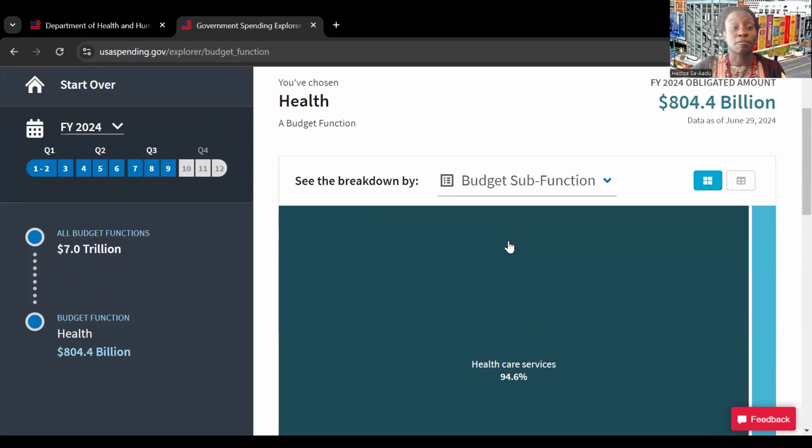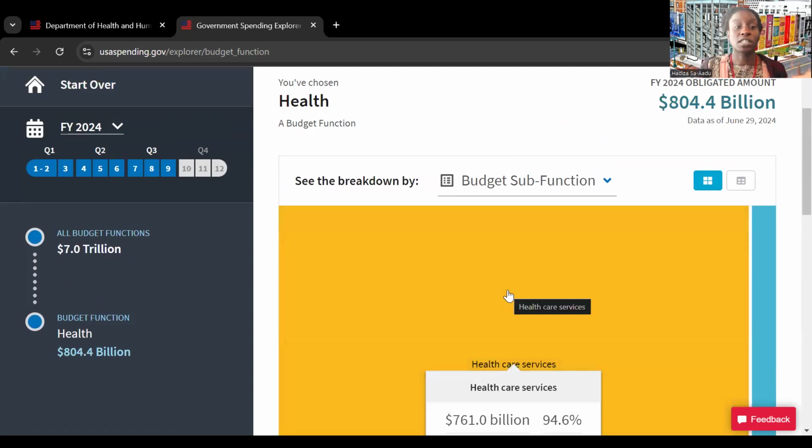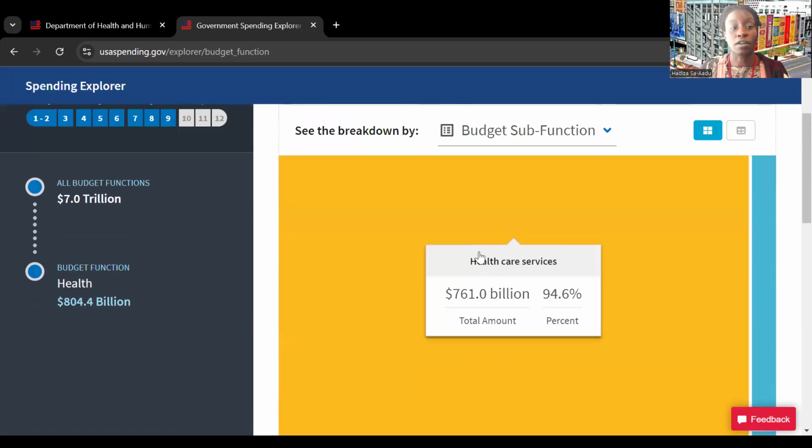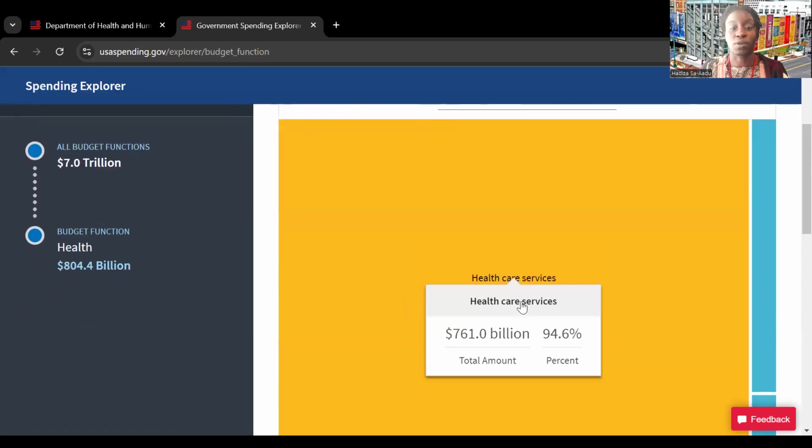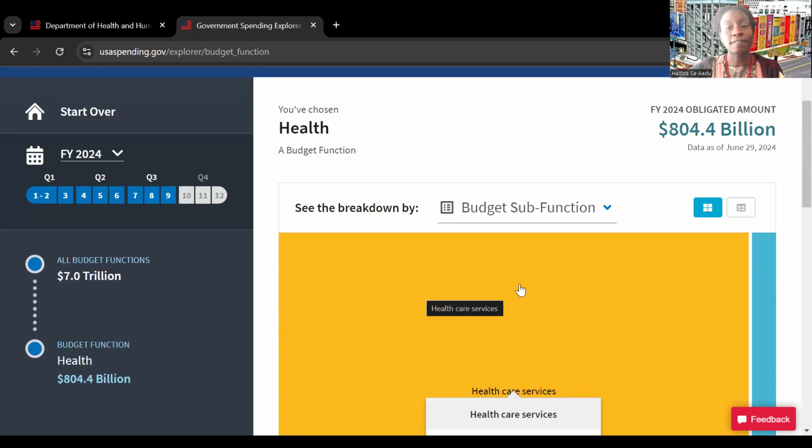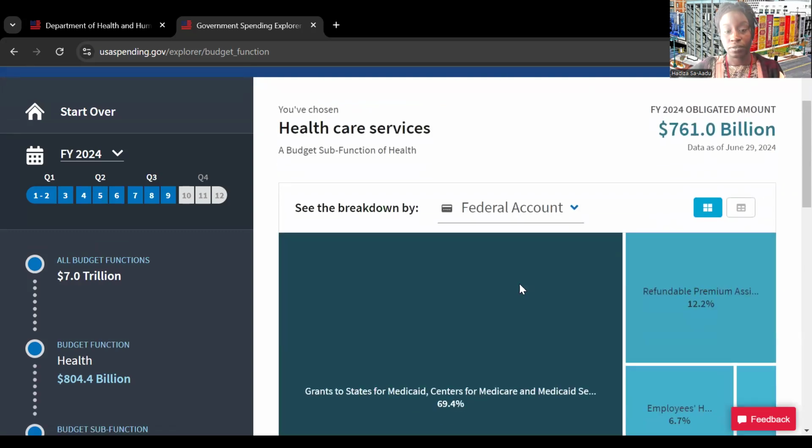Within the budget sub-function, in the broader function of health, the majority of the function is going to healthcare services. So what does that mean? Well, it means that healthcare services total $761 billion, or 94.6% of the health function of the budget. So the vast majority of that part of the budget.